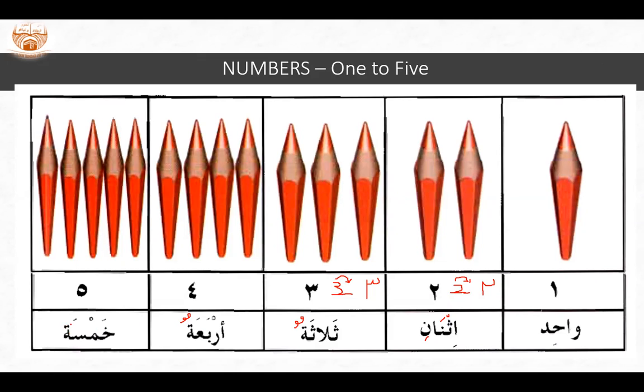Then number 5 is khamsa. Khamsa. Again, this is understood to be tanween at the end there as well. To write the 4, you start at the top, come this way, and then like that. Okay, simple. Just erase that.